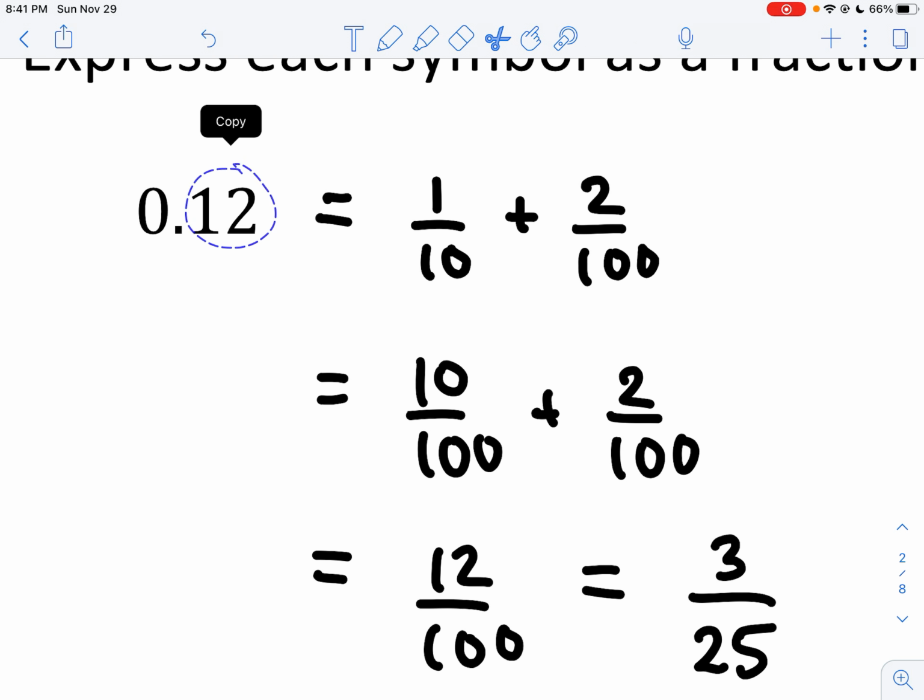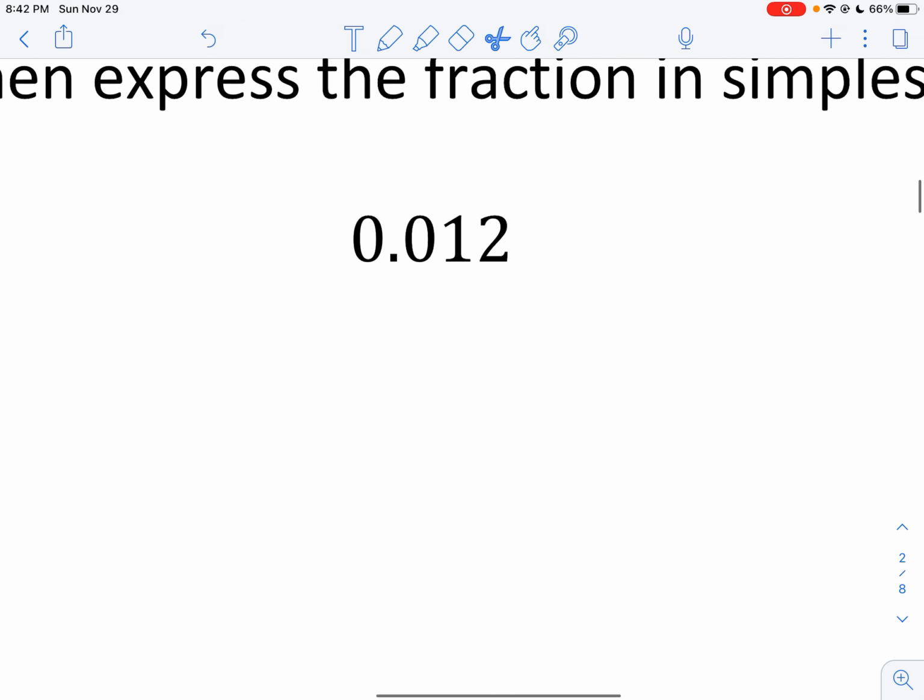I'm going to read this number, though, as 12 of something, and that 12 of something will correspond to the power of 10 indicated by the furthest right digit, which is the 2. That's in the hundredths position. So instead of thinking of it as 1/10 plus 2 100ths, you could look at this as 12 100ths.